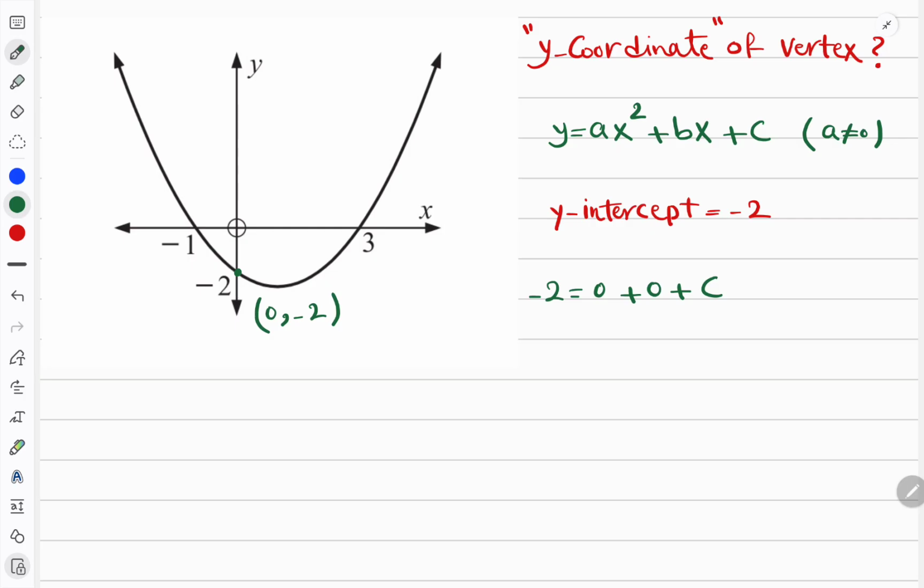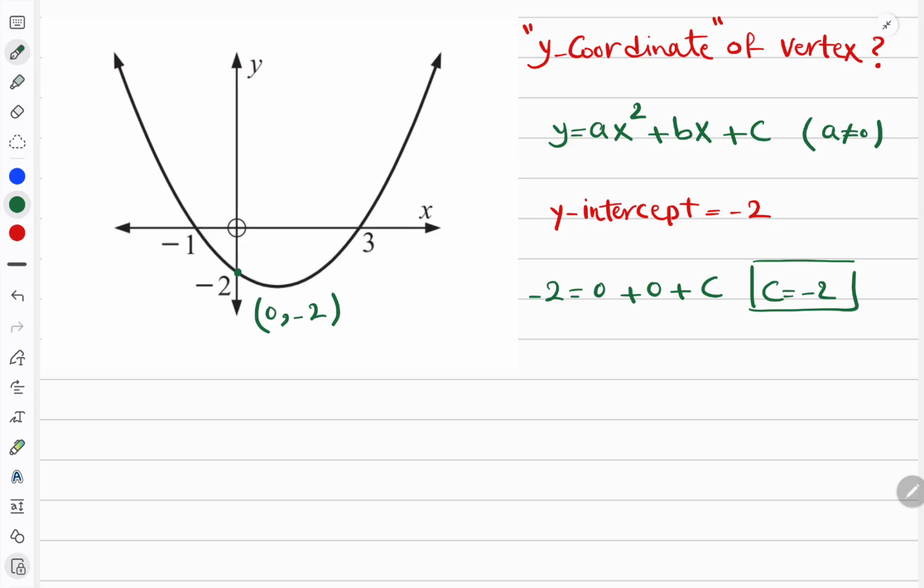And c is -2 here. In fact, you can directly find the value of c just by finding the point which is the intersection point of y-axis and the graph.